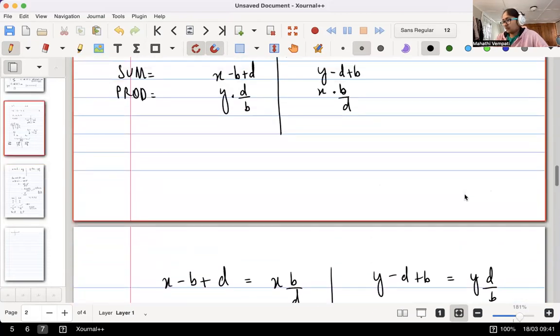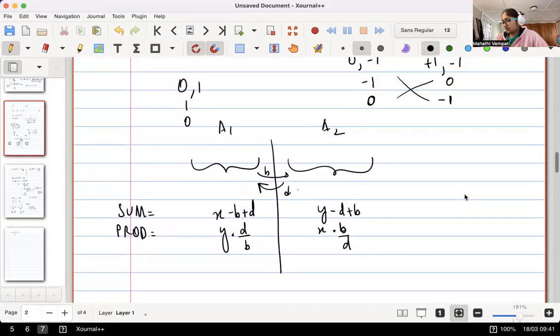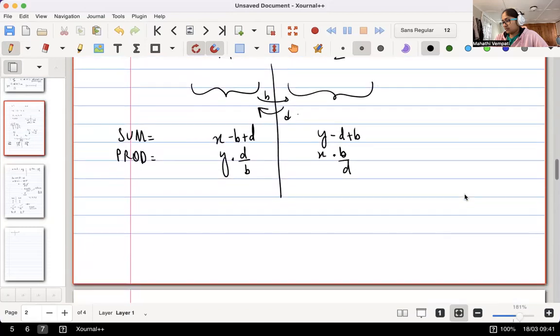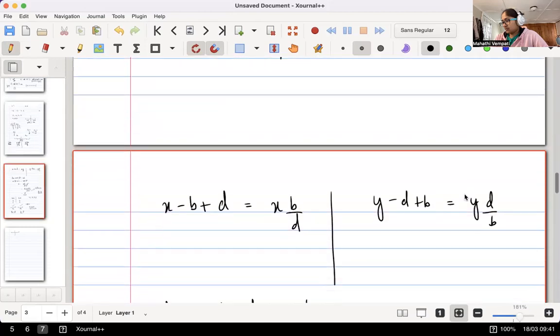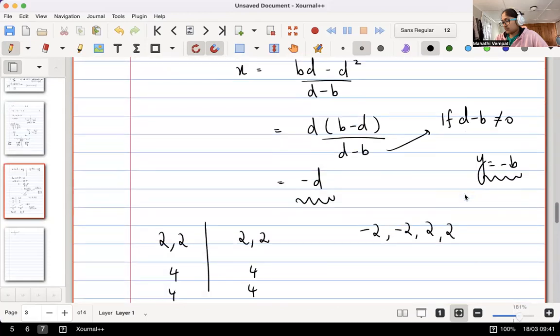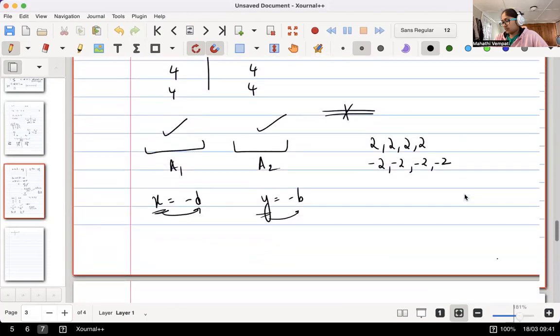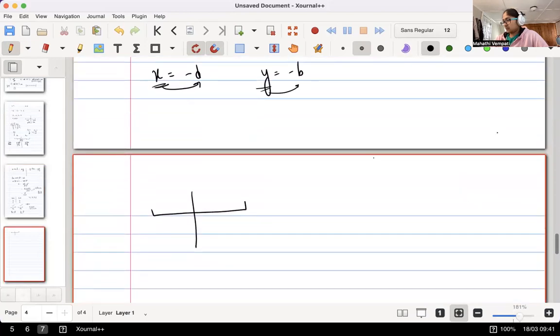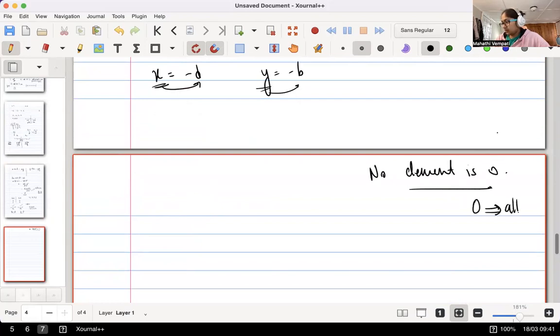Because otherwise... no element is 0. Okay. And I do feel you can prove that if there's a 0, it needs to be all zeros, but I'll keep that aside.